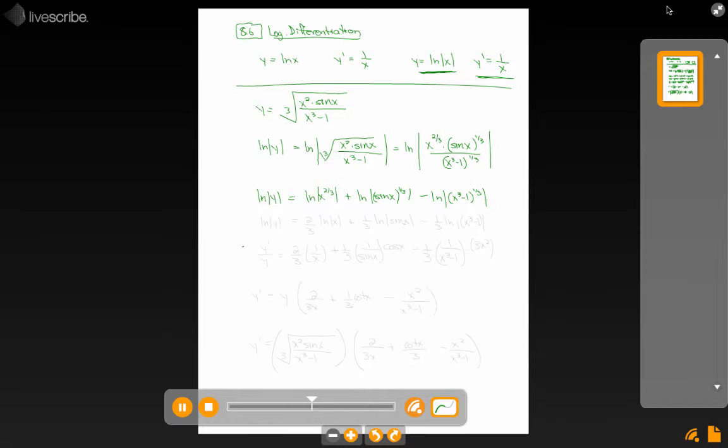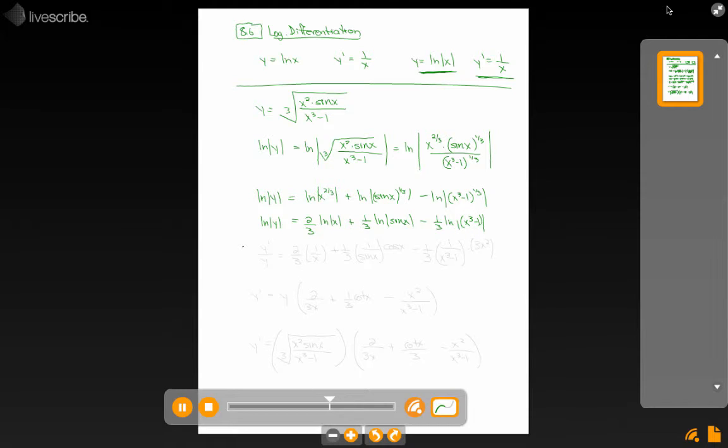And notice I'm being as careful as I can with these absolute value signs. It turns out in this example it won't make a big difference anyway, but the last thing I can do before I take the derivative is bring out these powers: ln x times 2/3, plus 1/3 ln sine x, and then minus 1/3 ln of x cubed minus 1.